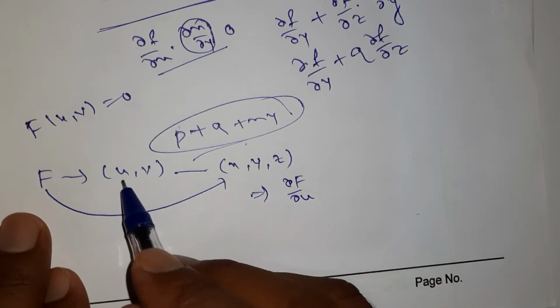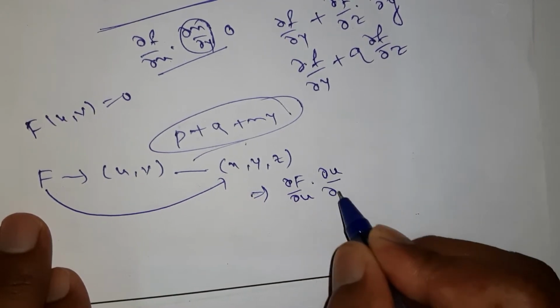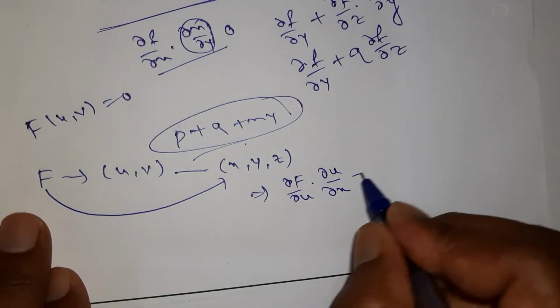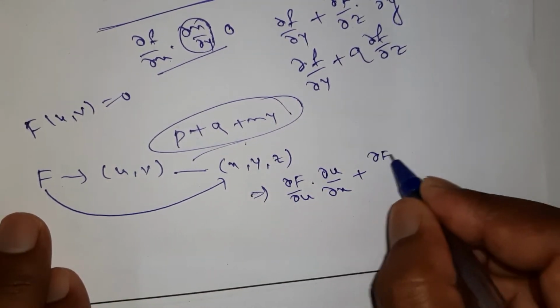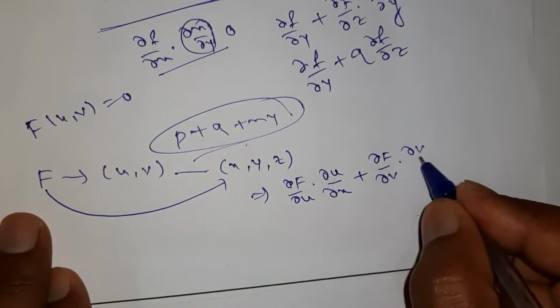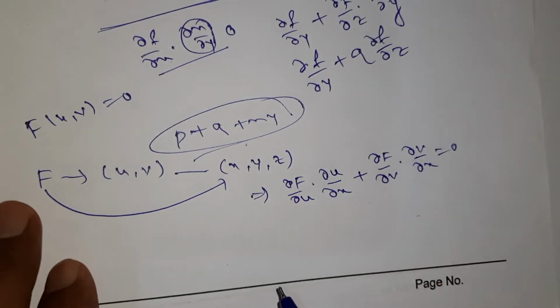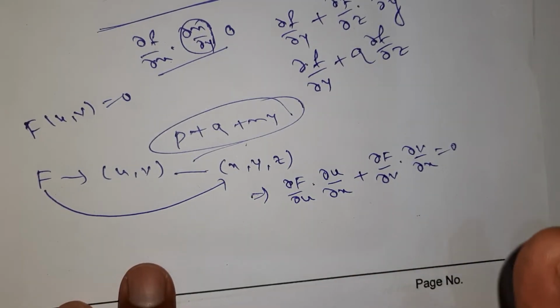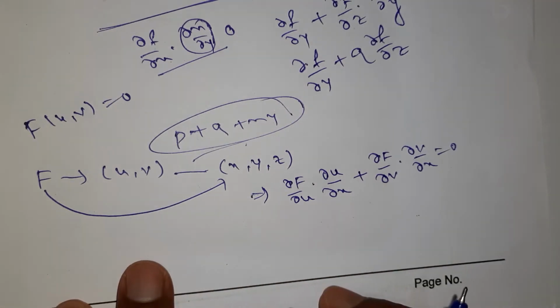So I get here dou u by dou x, plus dou f by dou v into dou v by dou x is equal to 0. So I'm just differentiating with respect to x only. I concentrate only on x, not on y or z, clearly.